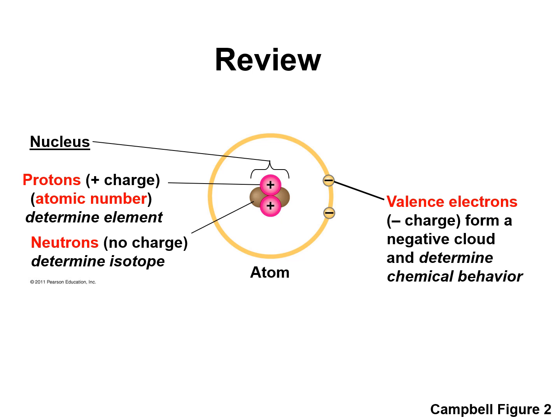Okay, and then this is just a nice summary of what we've been talking about so far. So the protons with their positive charge in the nucleus are going to give us the atomic number, and they're going to determine which element it is.